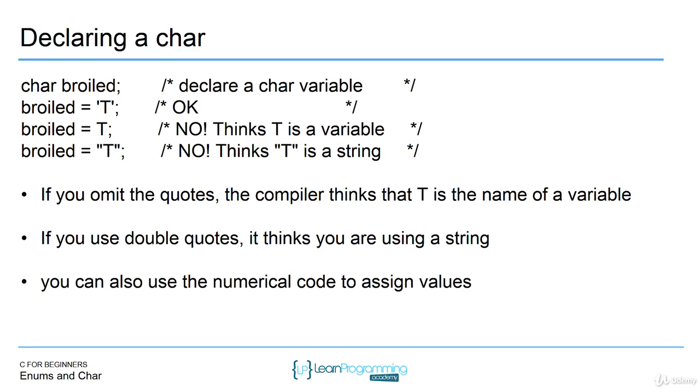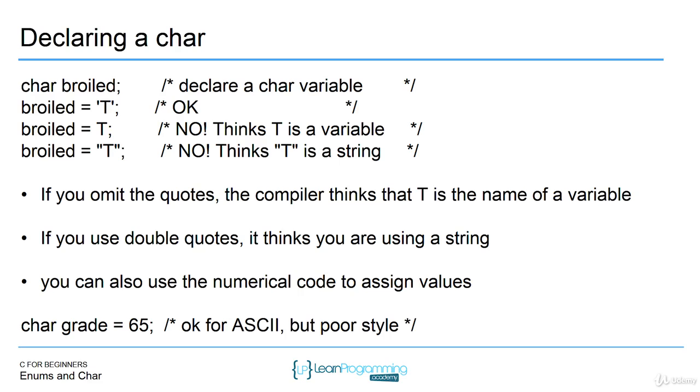You can also use numerical codes to assign values for characters, and it will just use the ASCII table. So the ASCII table is how characters are represented as numbers in the computer. So there's this whole table, and basically if you assign a number to a character type, it's going to think you're assigning an ASCII value.